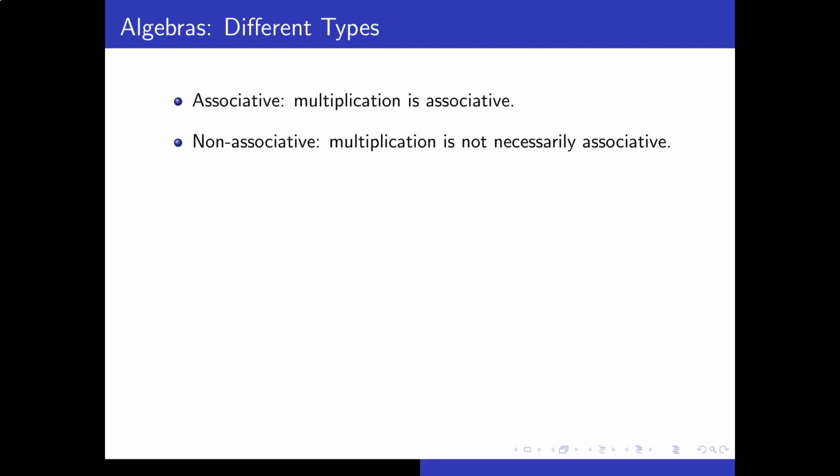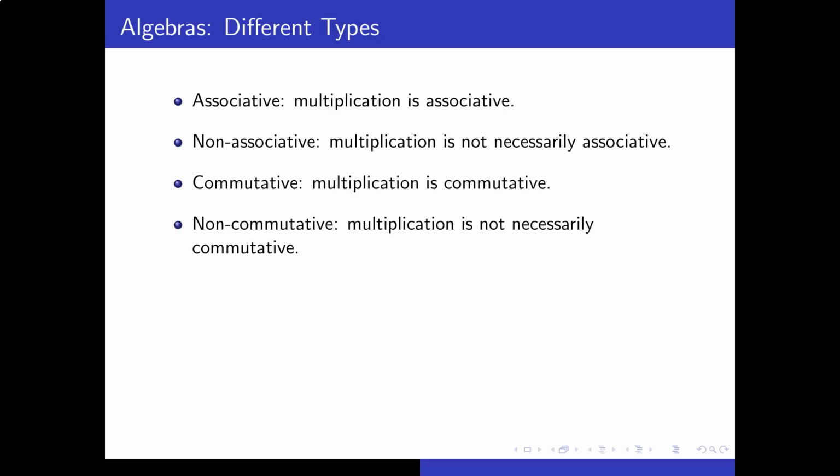All right, but we also have what are called non-associative rings, or sorry, non-associative algebras, where we don't require the multiplication to be necessarily associative. It could be, it doesn't have to be. Parts of it may be. All right, so there might be large portions of the algebra where the multiplication works associatively and large portions where it doesn't.